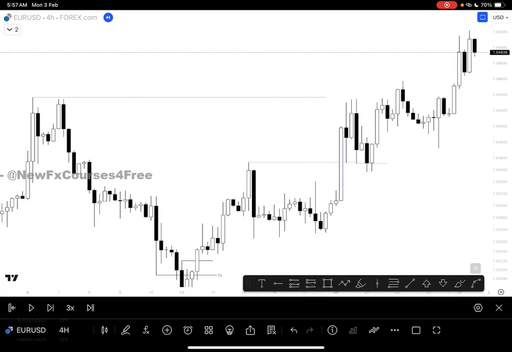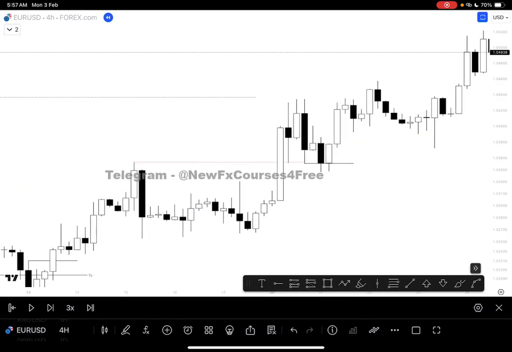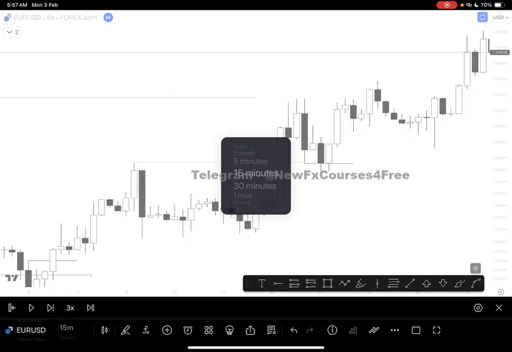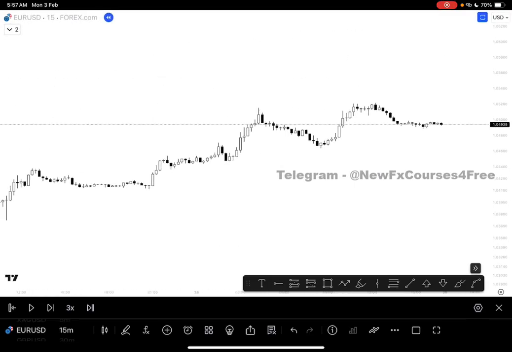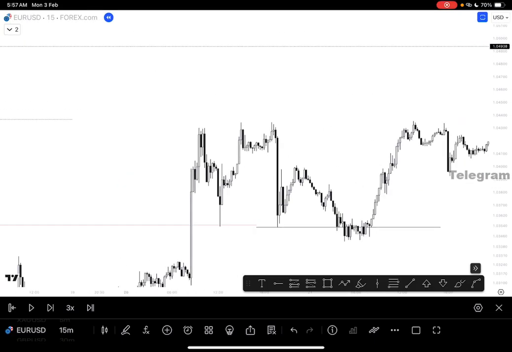Remember, you move from the 4-hour time frame to the 15-minute time frame. So here on the 15-minute time frame, there's actually a total soup.